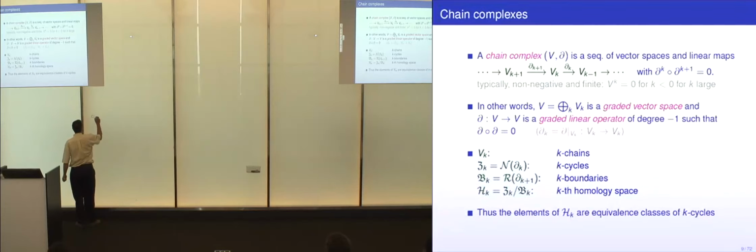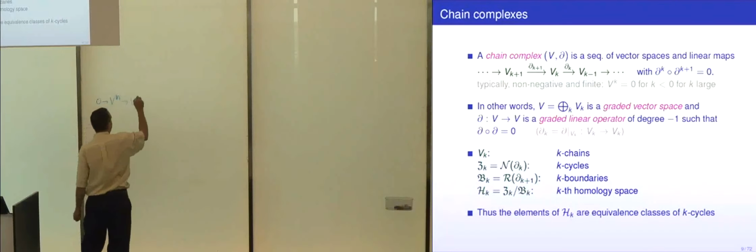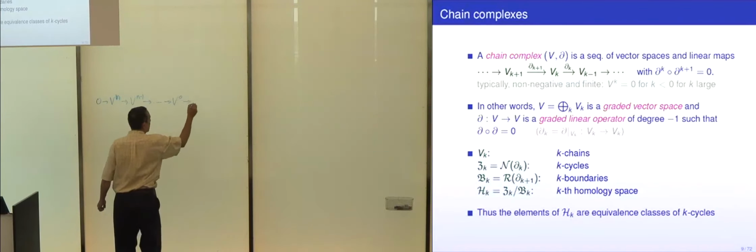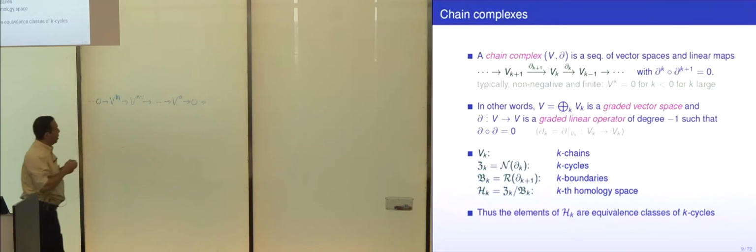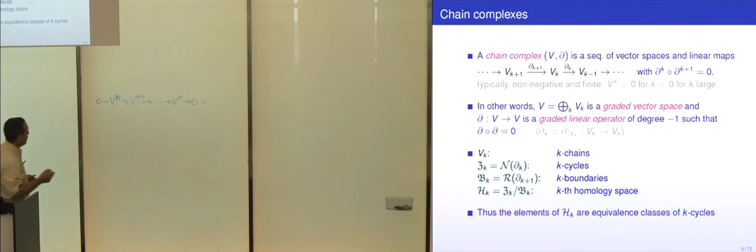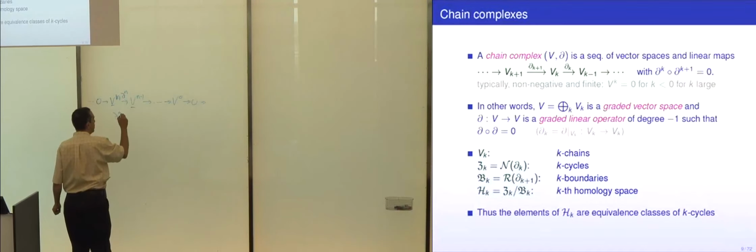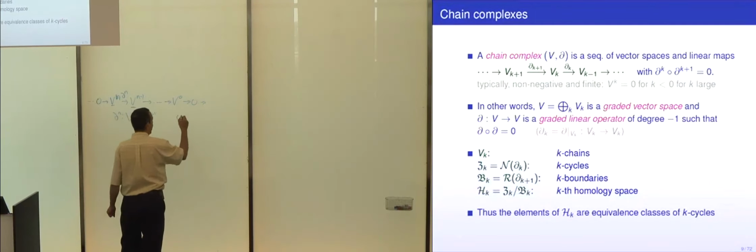There's a bunch of zeros, and then we have some V_n and V_{n-1} down to some V_0, and then the next one is 0, and then these are all zeros. Okay, and when you have that, so you have these vector spaces, and you have these maps, d_n from V_n to V_{n-1}, that's called a chain complex.